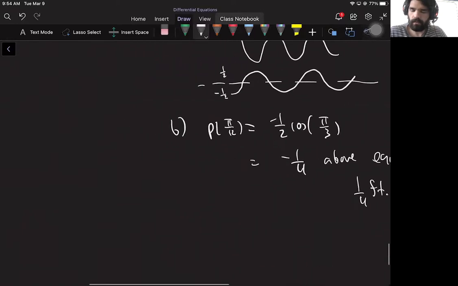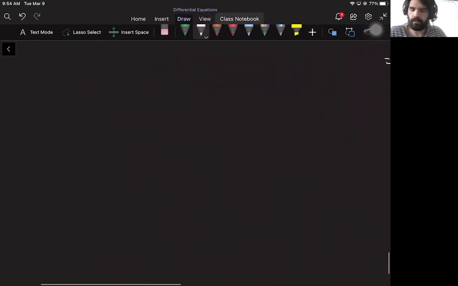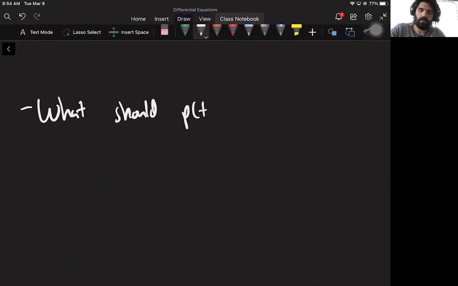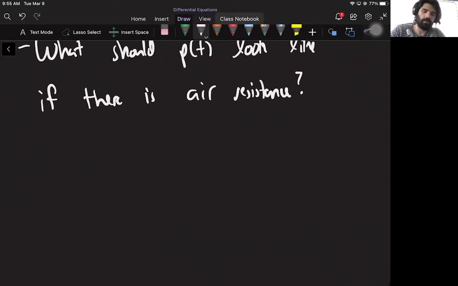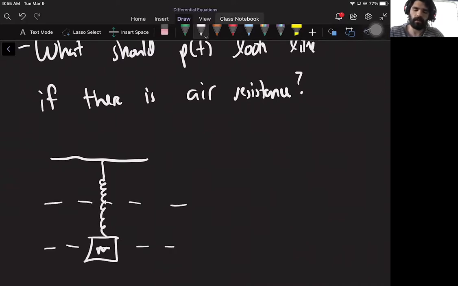So now we're not going to do another example, but let's think about the next video, which will have more examples, and think about what kinds of things could happen. So what should P of t look like if there is air resistance? So then what we can imagine is I start my spring somehow by pulling it down from equilibrium or up from equilibrium.